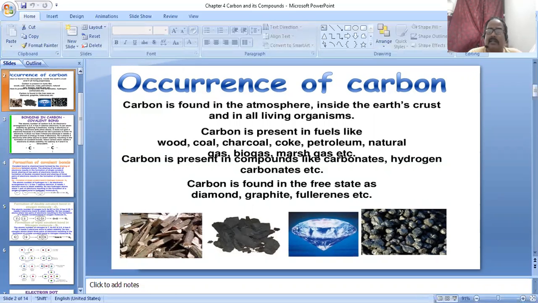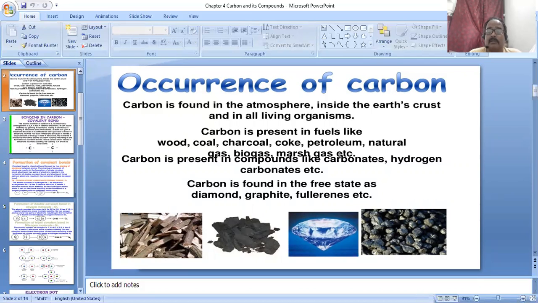And simply, carbon: the symbol is C, atomic number 6, atomic mass 12, 13 and 14. Why do we say 12, 13, 14? Because these are the isotopes of carbon. According to the definition of isotope, the atomic number is the same but the atomic mass differs.